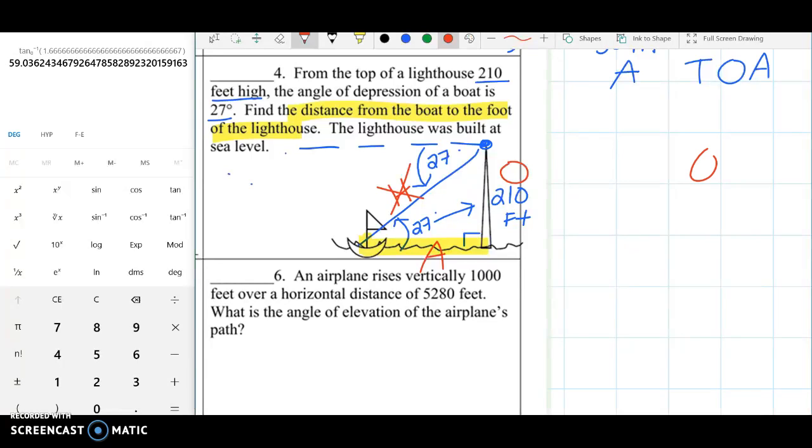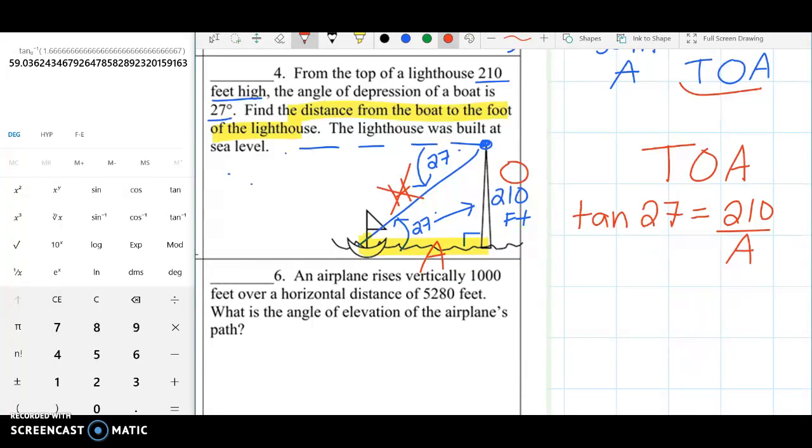So think about what we're going to use: O and A. Just like before, we're going to use tangent. So we're going to write down tan of our angle 27 equals our opposite, 210, over our adjacent, which is unknown. I'll call it A for now, some variable.